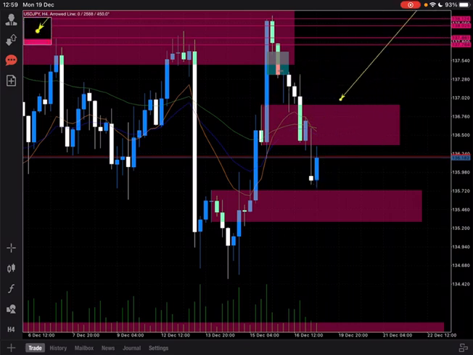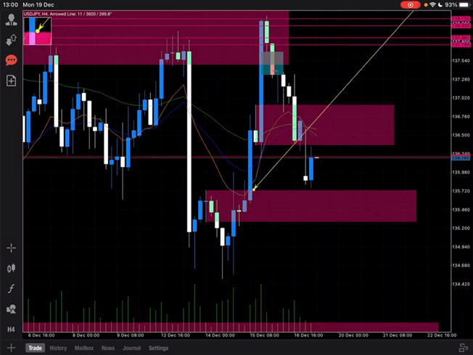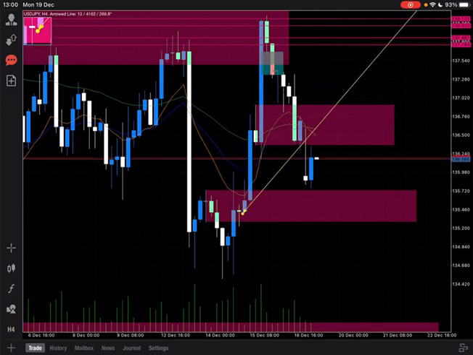So it has tested this zone, but did not close within the zone to find any engulfing sells made in this. Then we have our potential buy zone over here because this is an engulfing sell that failed over here. In the process of failing, the H4 broke, and it created an engulfing buy that closed within the zone. So you have your A, your B: your engulfing fail meets engulfing buy.